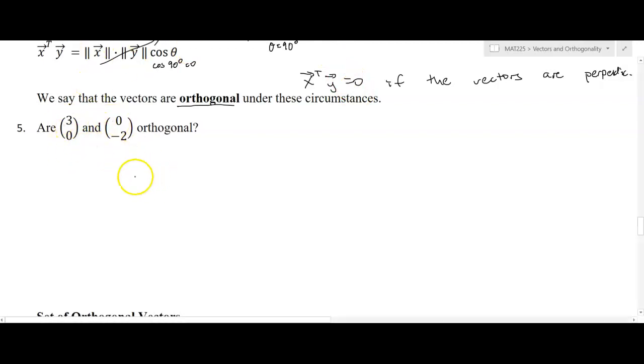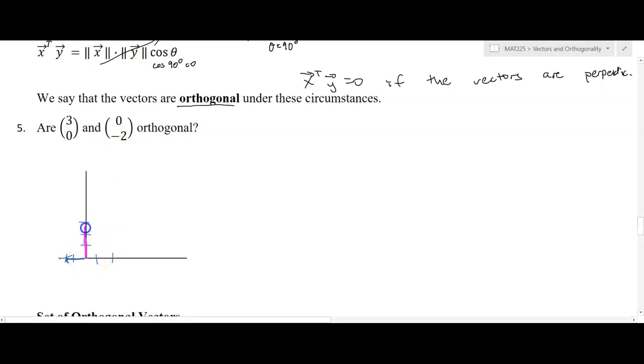So like these two vectors, 3, 0 and 0, -2, for just some intuition, if we think about where these are, the 0, -2 vector points over here, and the 3, 0 vector points straight up.